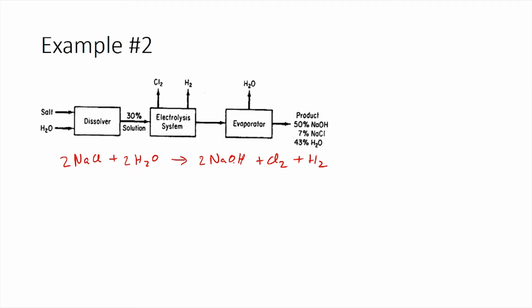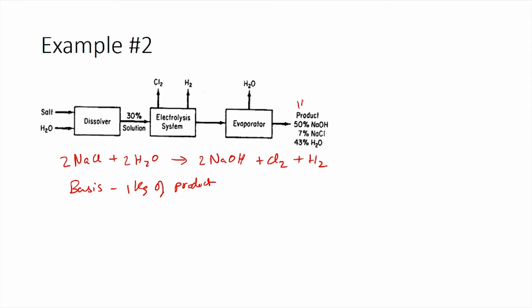So, the next step is to identify the basis for the problem. The problem repeatedly asks for different information based on 1 kilogram of product being produced. So, taking that into consideration, we will assume the basis to be 1 kilogram of product stream which has been formed. So, the basis for the system would be 1 kilogram of product.